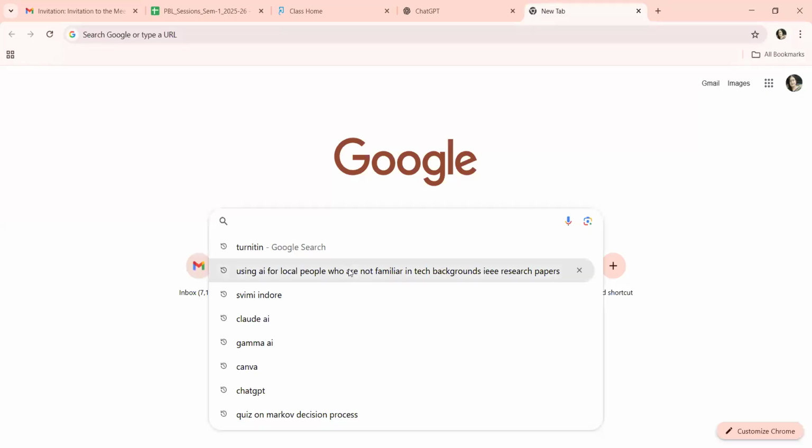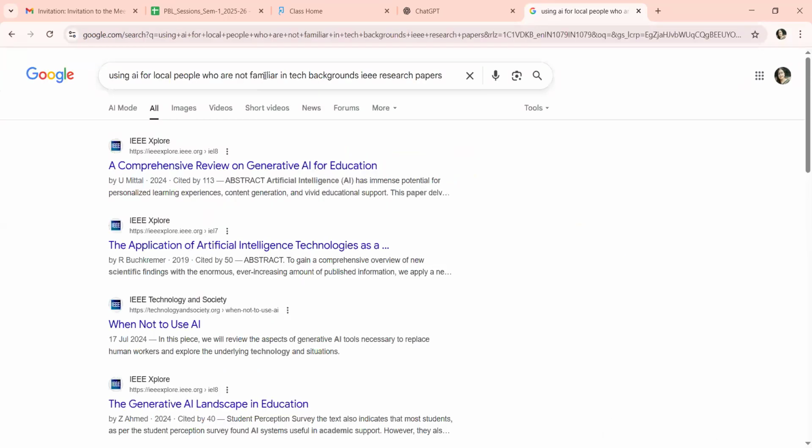Here. So right now, somebody told us about the topic. That student wanted to work on this particular topic, which I've shared on Google: using AI for local people who are not familiar with tech backgrounds. That student just told his idea in very layman language. So you can write it on Google.